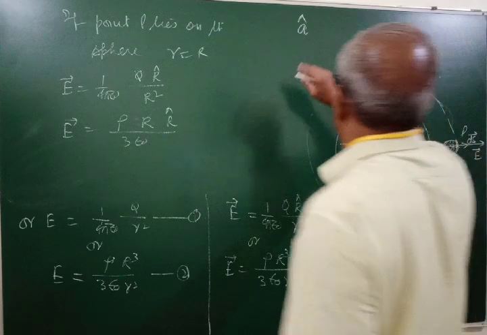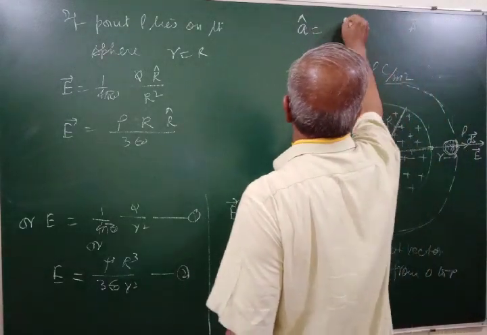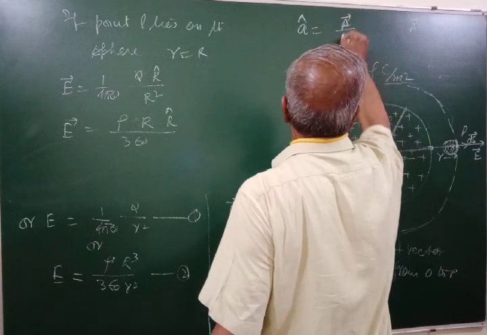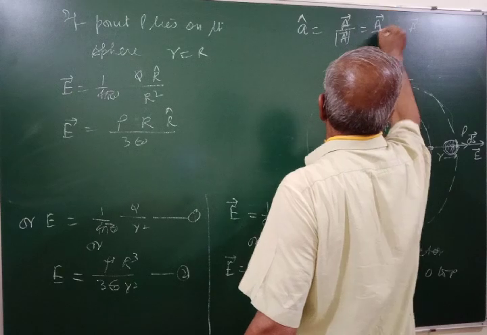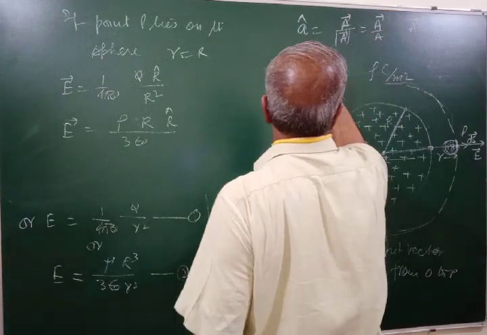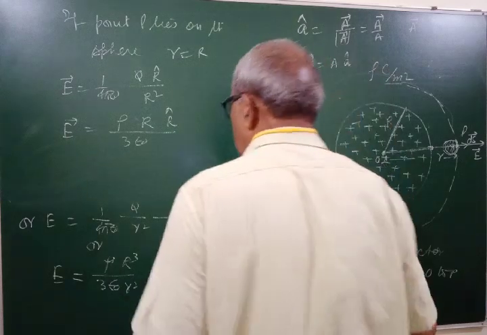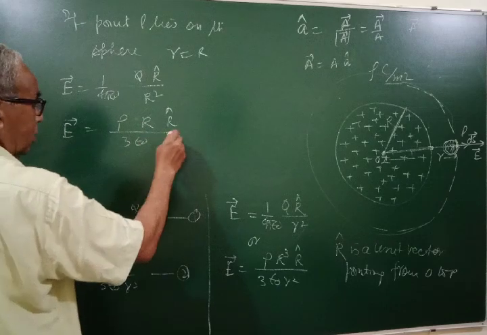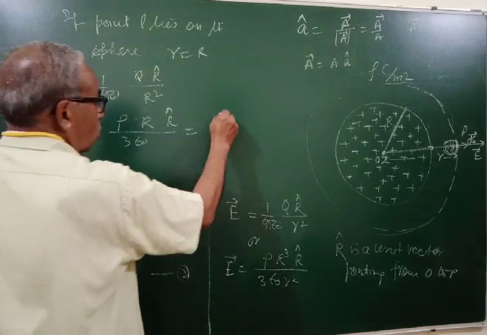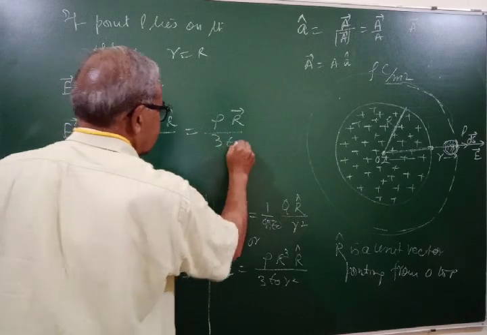If A cap is the unit vector along the direction of vector A, then A cap is equal to vector A upon modulus A, or you can write A upon |A|. So vector A is equal to |A| into A cap. So here, vector r cap into r, it becomes rho r vector upon 3 epsilon 0.